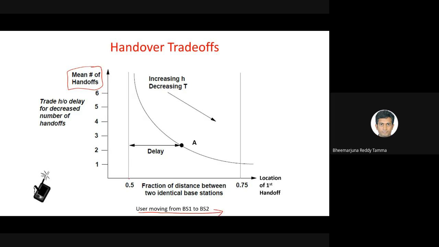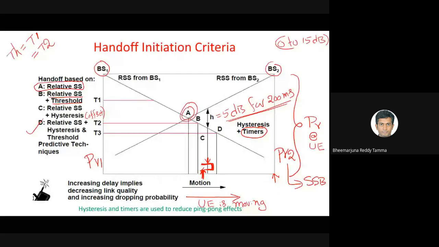When I say 0.5, it means that the user is equidistant from both base stations. Basically, this is the point I'm talking about. In this case, we say that it is 0.5.